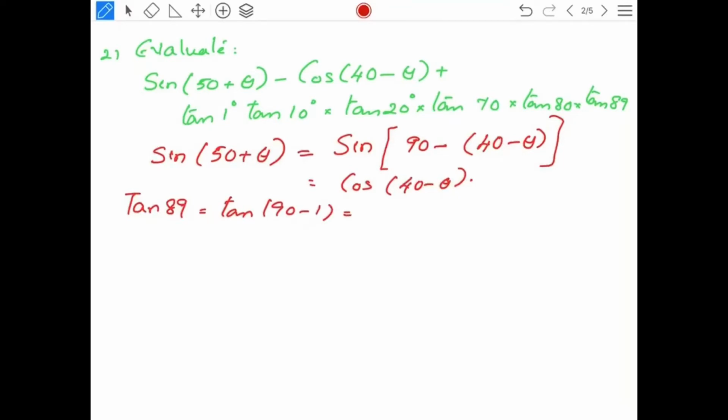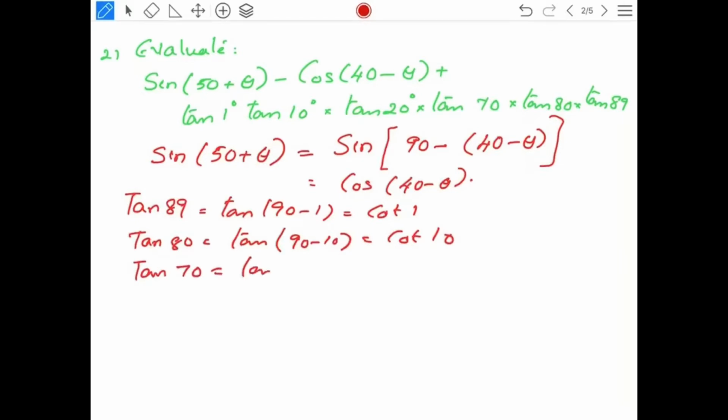So tan 90 minus theta is cot theta, so cot 1. Similarly, tan 80 can be written as tan 90 minus 10 equal to cot 10. And tan 70 equal to tan 90 minus 20.